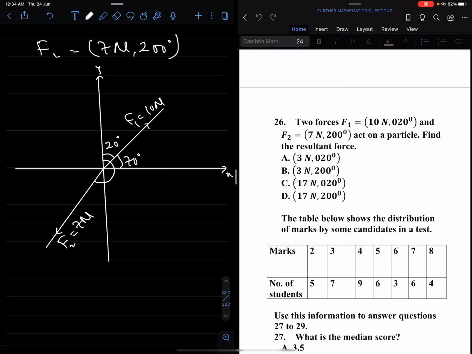F2, which is 7 newtons, acts at angle 200 degrees. So this is going to be 20 degrees, 180 plus 20 is 200. If that's 20, this will also be 70 degrees.